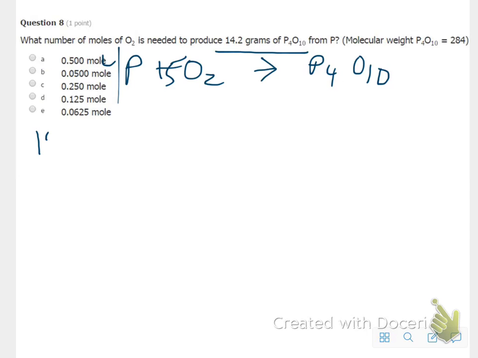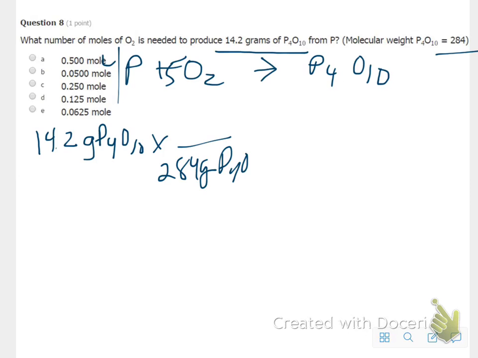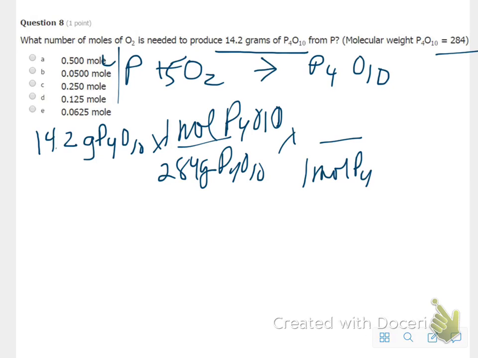The only weighable amount I have to start with is 14.2 grams of P4O10. It tells me the molar mass is 284 grams of P4O10 per 1 mole of P4O10. And for every 1 mole of P4O10, I need 5 moles of oxygen.